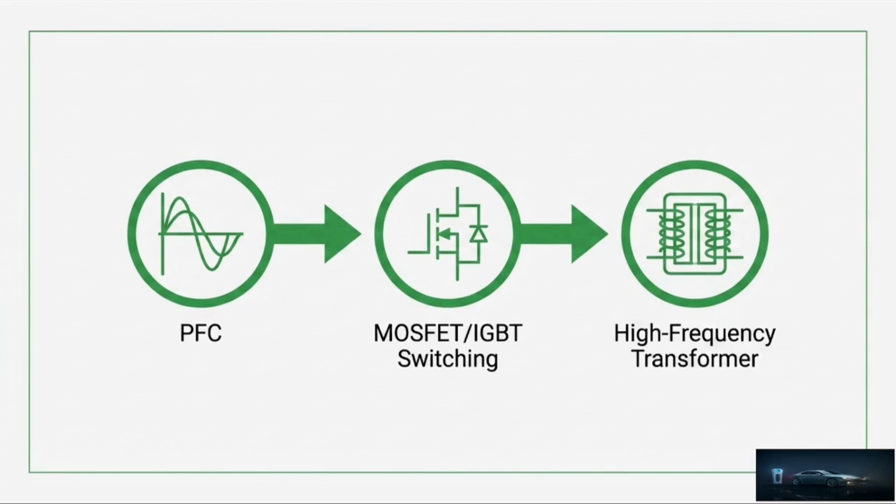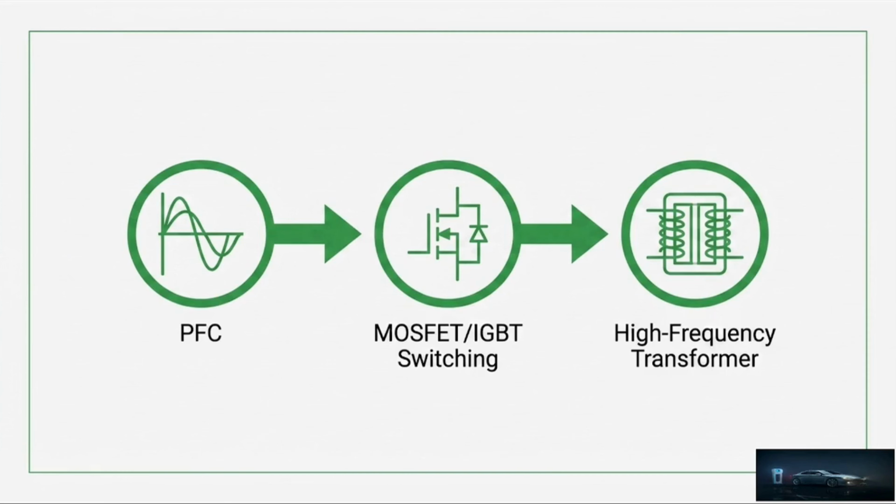First job is electrical isolation, and second job is voltage transformation. It allows us to change the voltage level according to the requirement of the output side.